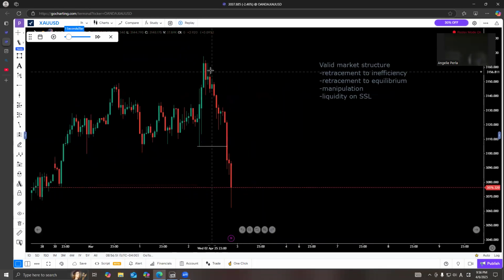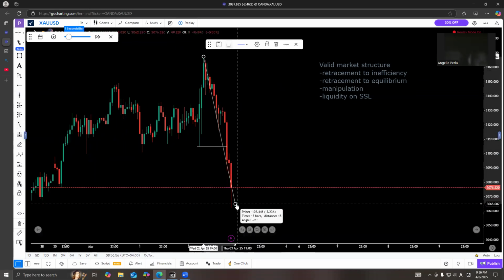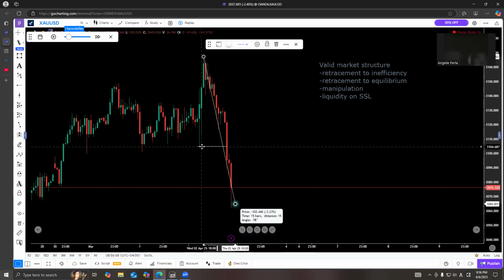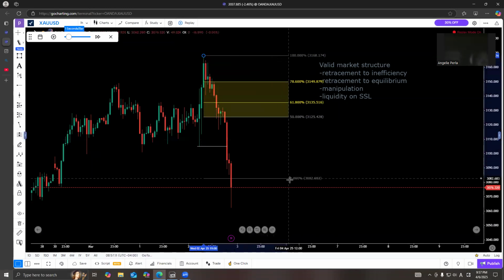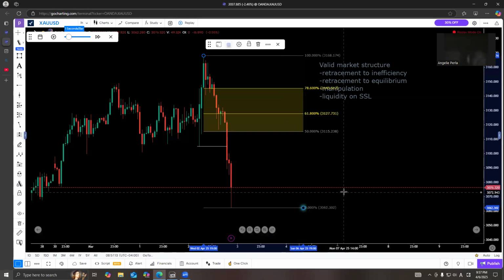Once I see this move down here, we can clearly see a market structure shift or a break of structure in this area. So we concluded that from this high to this low was a valid market structure.